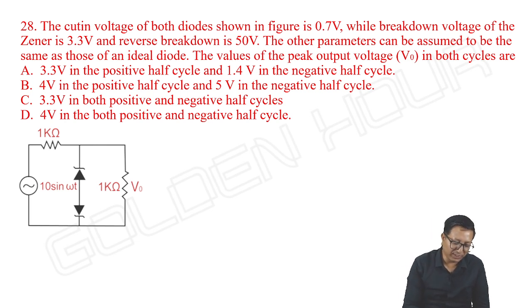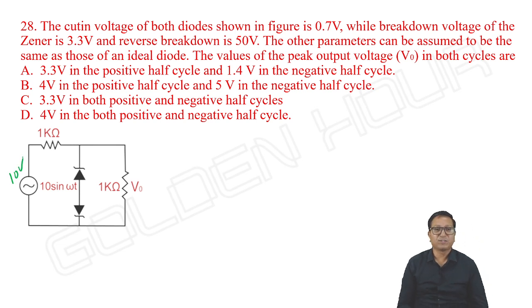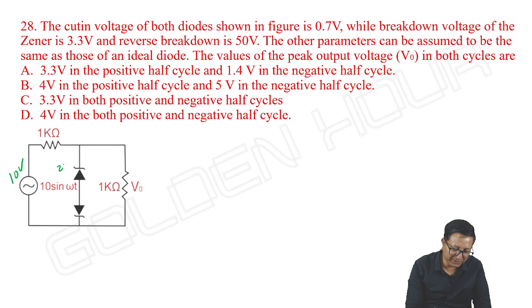So during the positive cycle, suppose the input is 10 volts, then what happens? This one is under Zener breakdown and the other is simply forward biased. Forward biased means short circuit. As it is undergoing breakdown, it maintains 3.3 volts from cathode to anode.